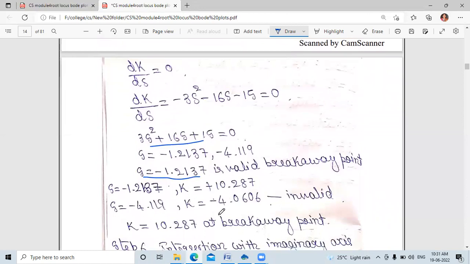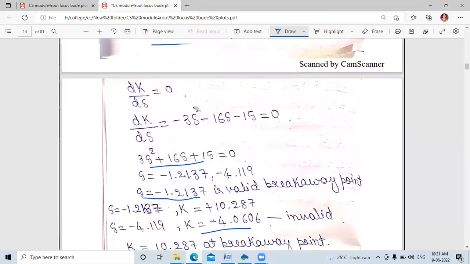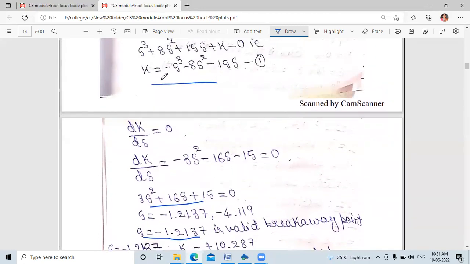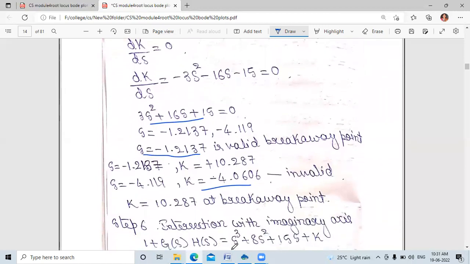If you substitute minus 4.119 in the K equation that we have written before, you get a negative K value, so it is invalid. You should get a positive K value; then only it is a valid breakaway point. So here K equals 10.287 at the breakaway point.